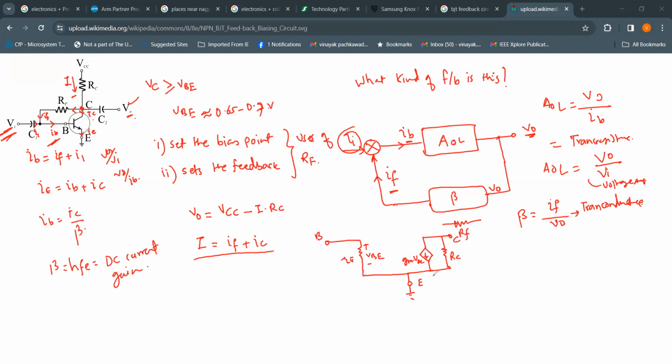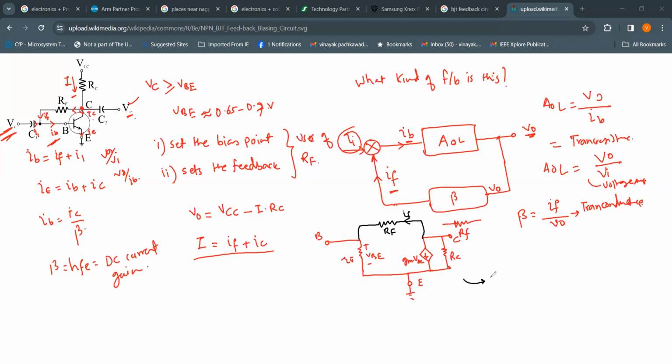Okay. And then from the collector to the base pin, you have the feedback. So here you can say I have this RF, and this is the current IF.